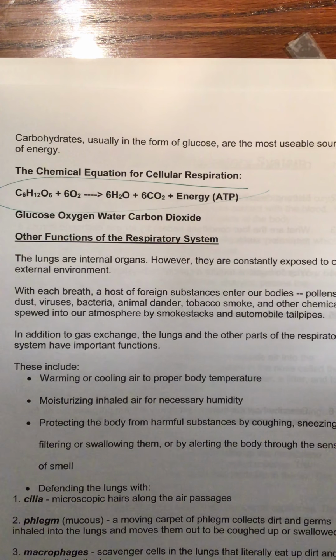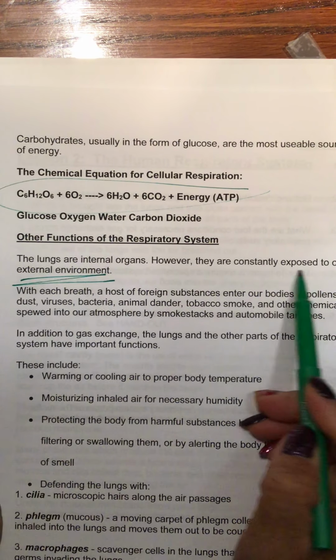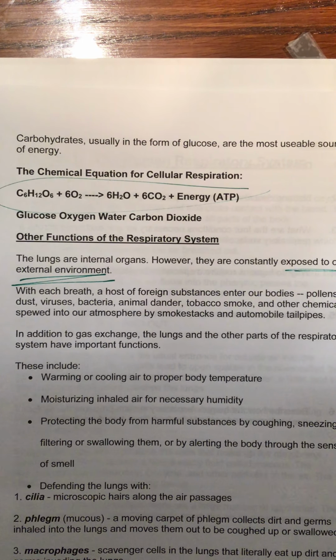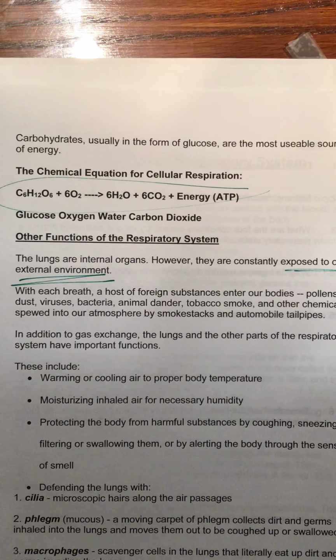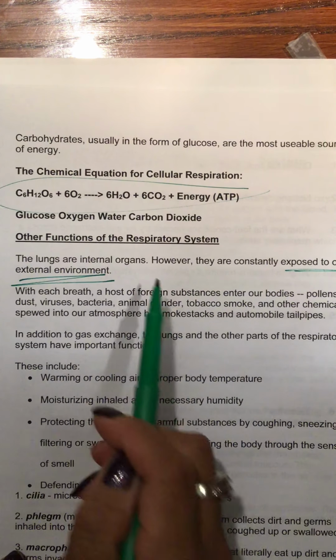So lungs are internal organs. However, they are constantly exposed to our external environment. So just like the digestive system, if you enter the digestive system, it's just in and out. It's a series of tubes that directly lead into the outside of your body. The lungs are the same thing.